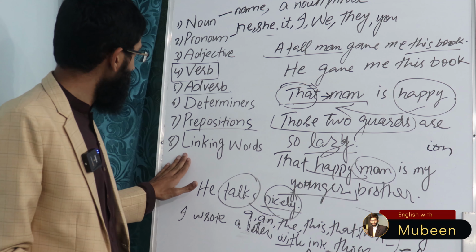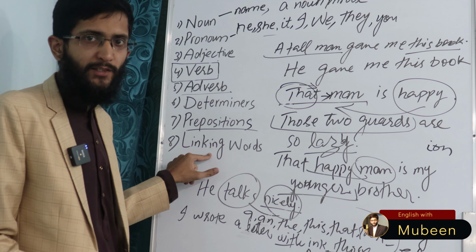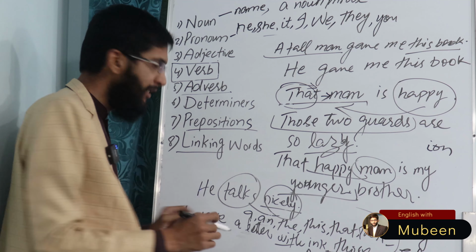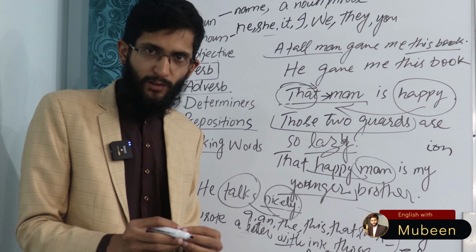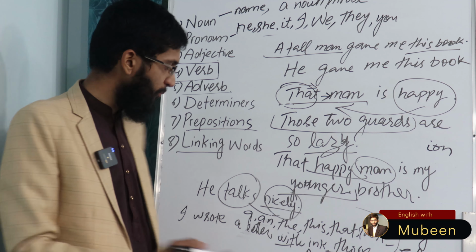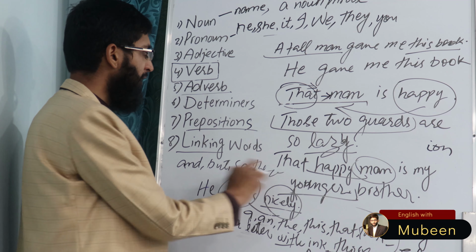Again, the last thing I would like to tell you is linking words. You can see the word linking. Linking means you have to connect words or sentences. Very simple: and, but, so, therefore, that's why.